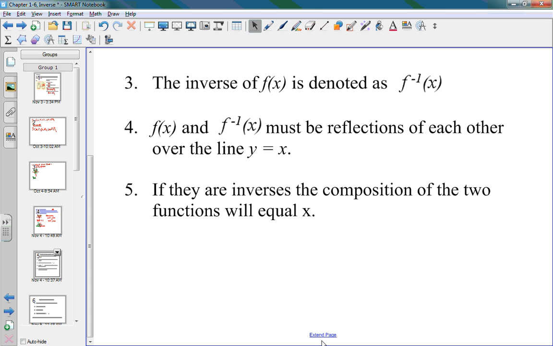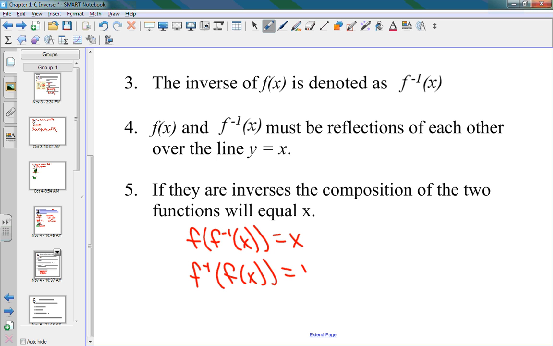Number 5 is not written down in your notes or your handout. You need to make sure you write number 5 down. What am I talking about whenever I talk about this? I'm talking about f of f inverse of x has to equal x, and f inverse of f of x has to equal x. That's what I'm talking about whenever I'm talking composition.